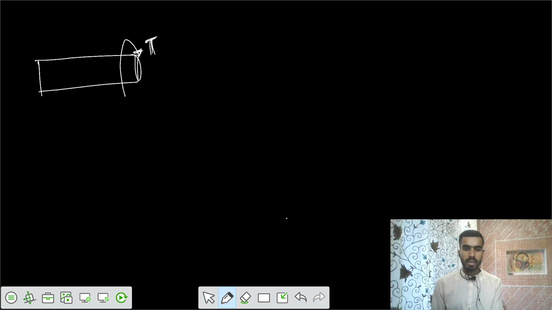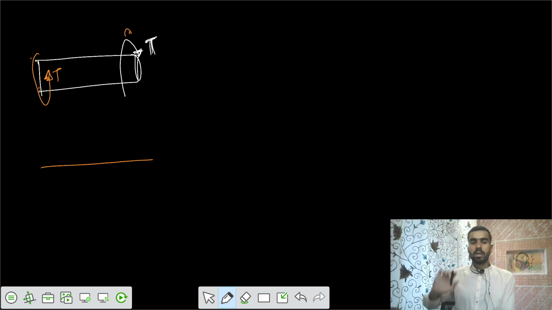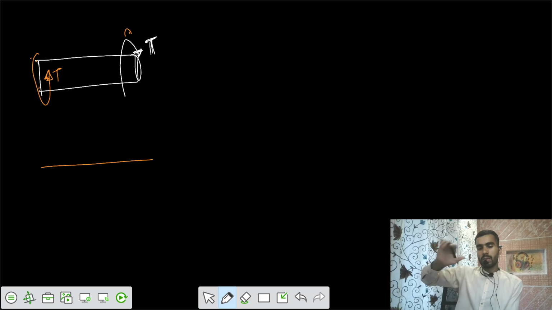To balance it, there should be an anti-clockwise torque developed from the other side. Let's say this was the fixed support, so for this clockwise torque there would be an anti-clockwise T developed. To make the line diagram, for the first one we say there is a clockwise moment, so the thumb points towards the section.